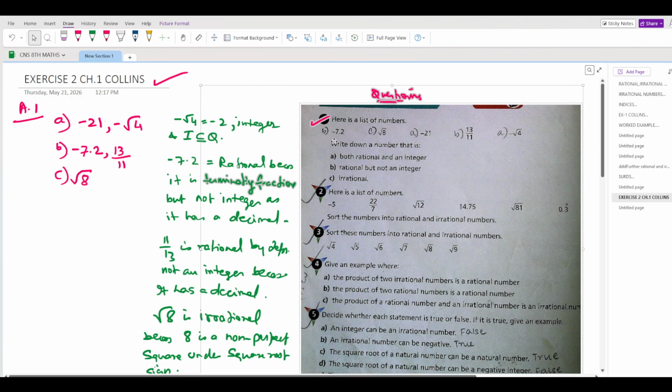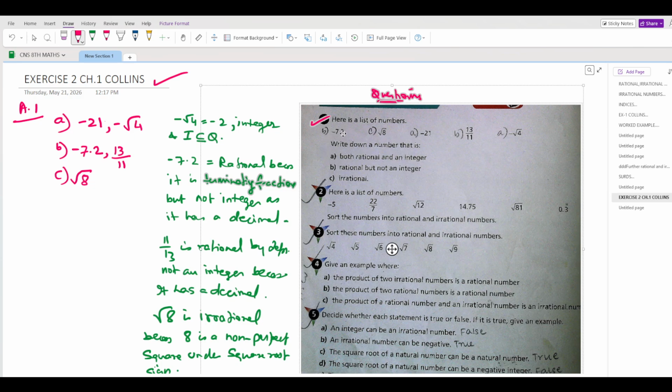You have to classify these numbers into A, both rational and an integer, B, rational but not an integer, and C, irrational. Accordingly, you will have to put the numbers into these A, B, and C categories. So let us start discussing.